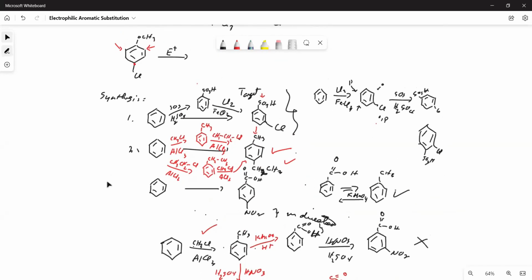Now look at this third challenging reaction. You have benzene converted to para-nitrobenzoic acid. Although there are only two substituents here, the benzoic and the nitro, unlike the two examples, you have a problem with carboxylic acid because you cannot attach this directly.